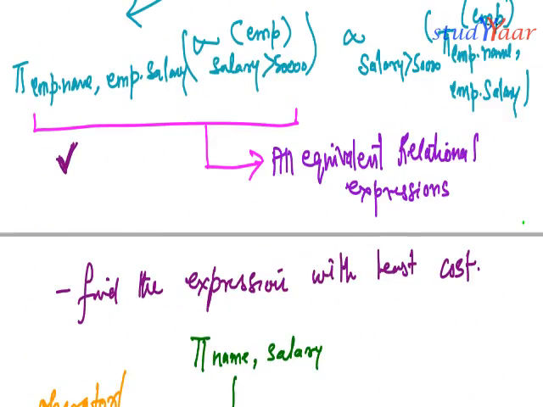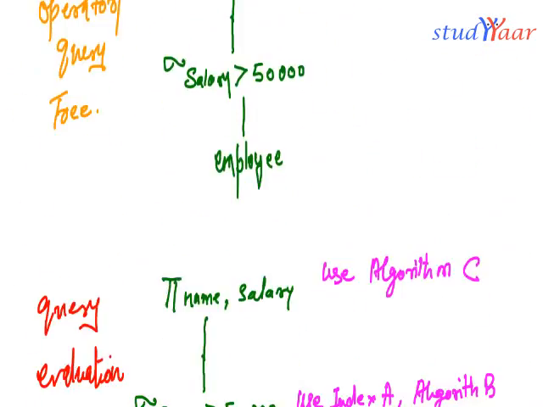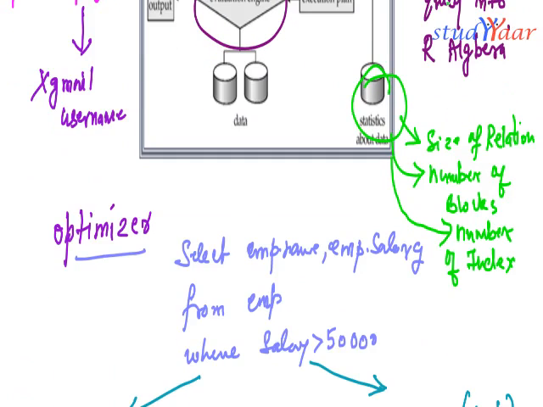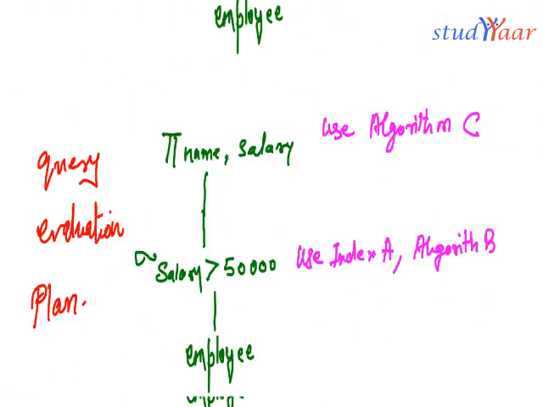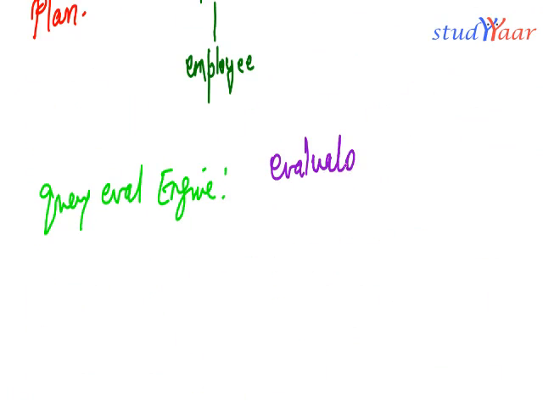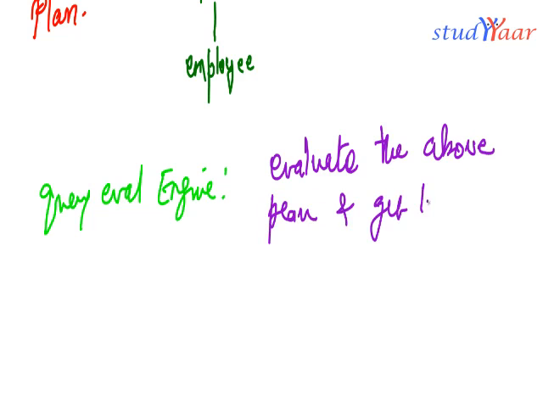So after I am done with getting a query evaluation plan, I reach the final part of the process, the query evaluation engine, which is going to evaluate the above plan and get the results.